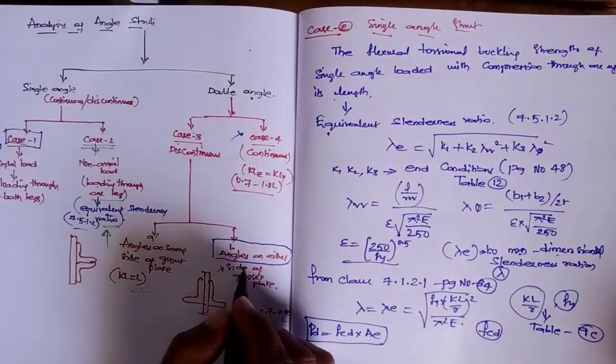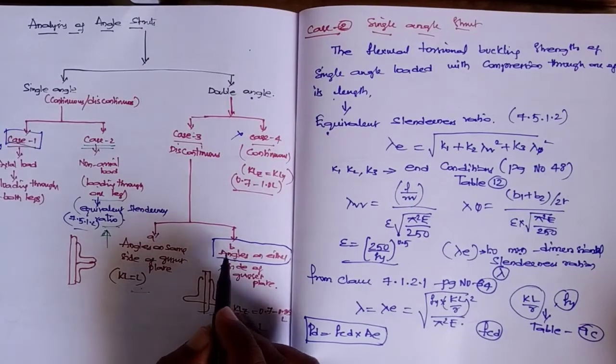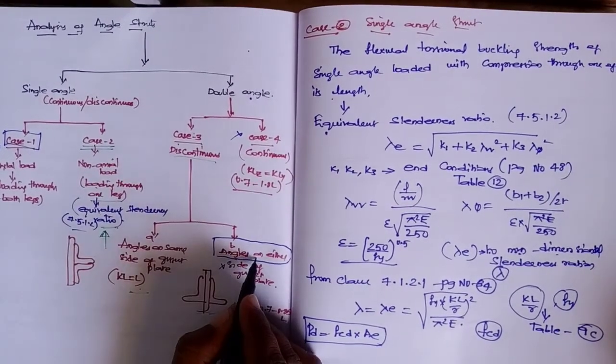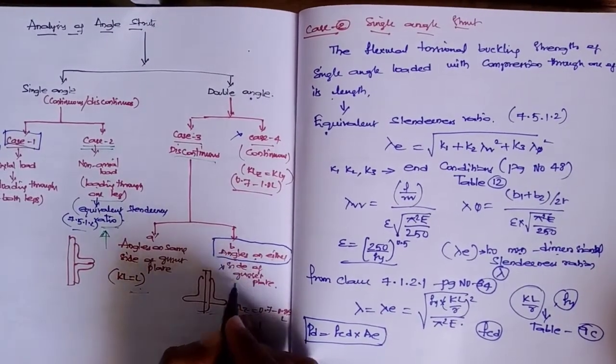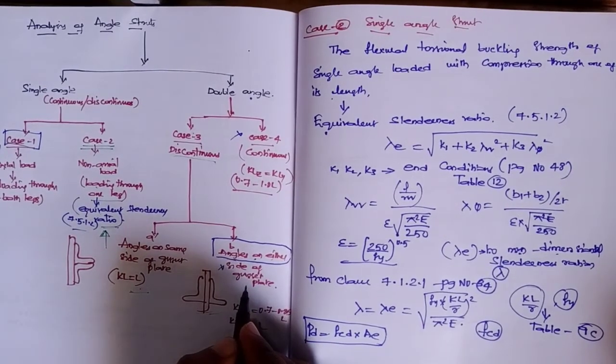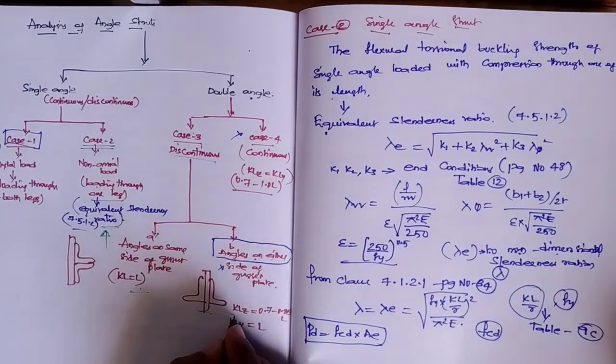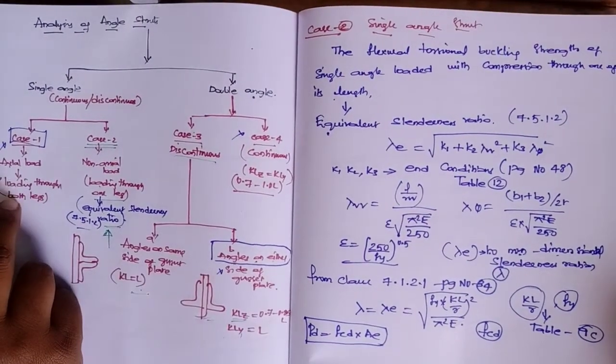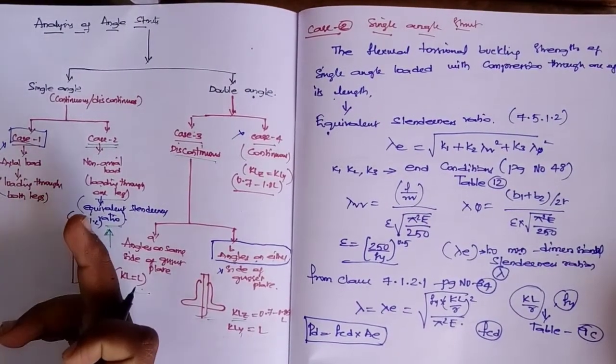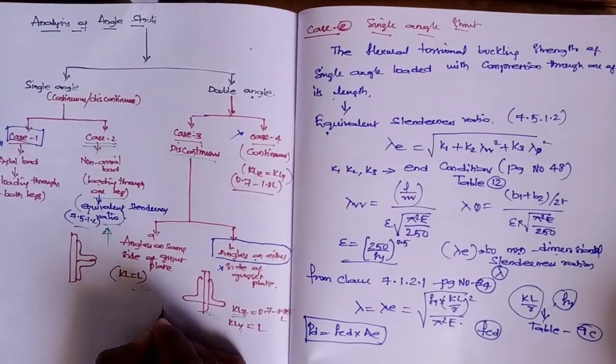Whereas if I go for double angle discontinuous angles connected on either side of gusset plate, this problem is similar to the problem we did earlier for I section.